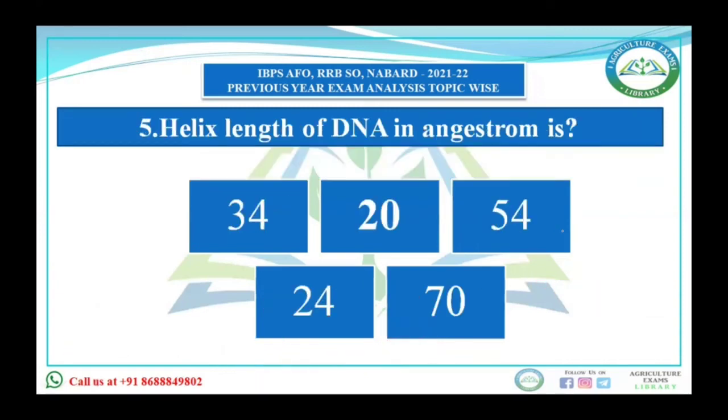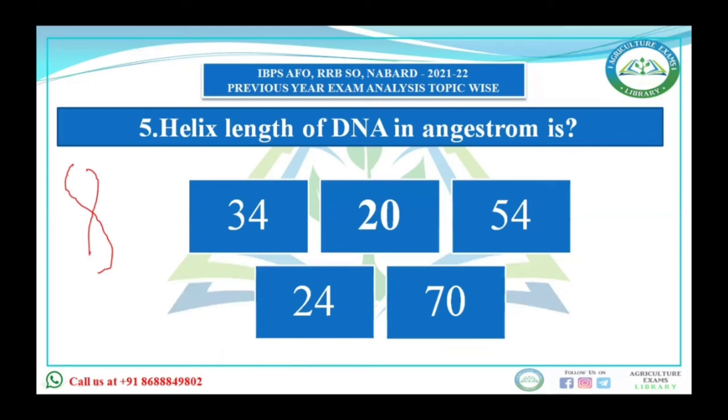Helix length of DNA in angstrom is, you must know, if you talk about the DNA structure, I hope you all know the structure of DNA. Double helical structure is DNA. Okay, then this is one turn.